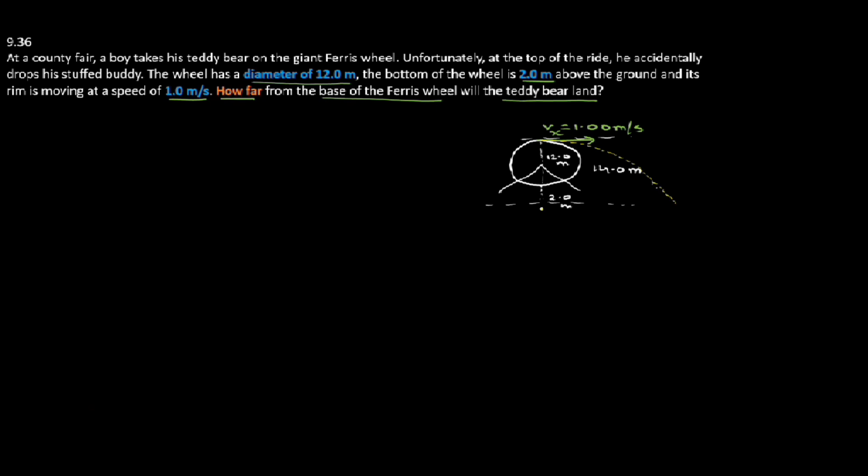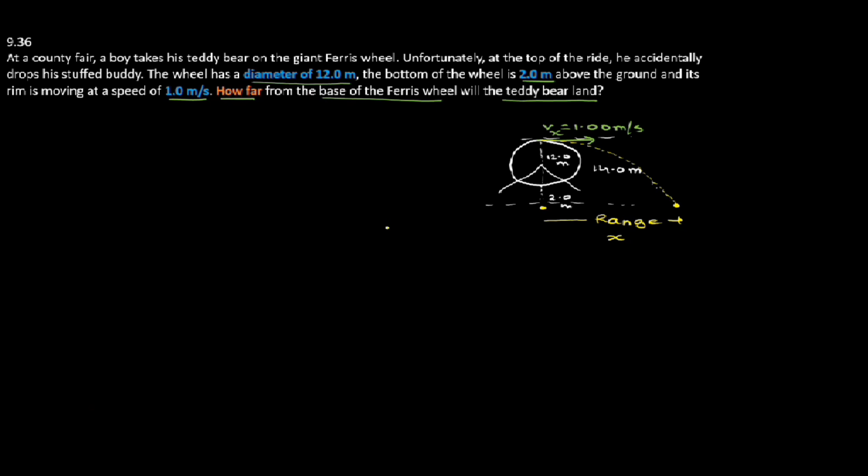We need to find how far from the base of the Ferris wheel the teddy bear drops. So we need to find this distance, which we call range, or the distance along the x-axis, which we will take as x. In order to find it, we have to apply the principles of projectile motion.